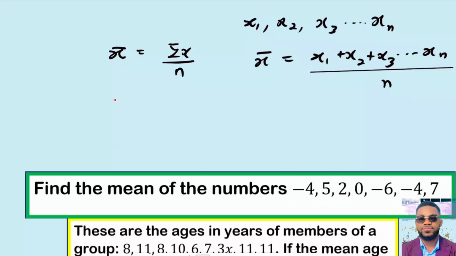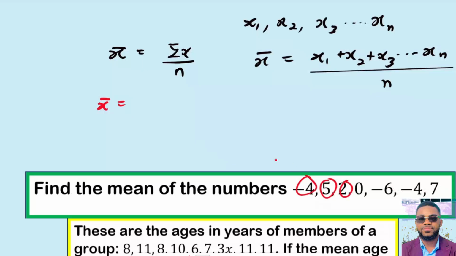To find the mean, denoted by x bar, we use the formula sigma x over n. Sigma x is the sum of the x values, and these are the x values: negative 4, 5, 2, 0, negative 6, negative 4, 7.